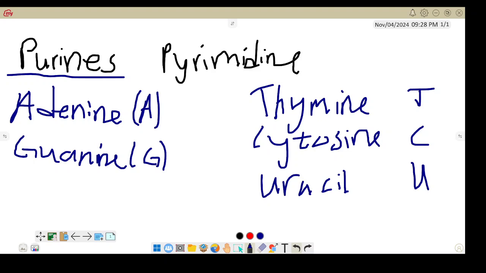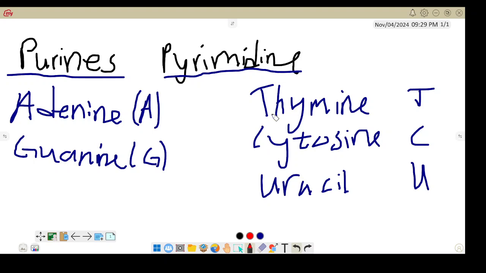So here the major thing to take note of is how these are found in nucleic acids. The adenine and guanine, the purines, are found in both DNA and RNA. And then for the pyrimidines, not all of them are found everywhere.